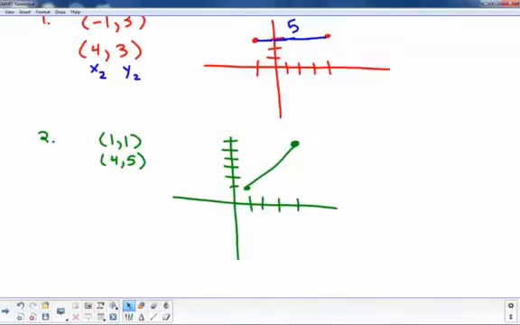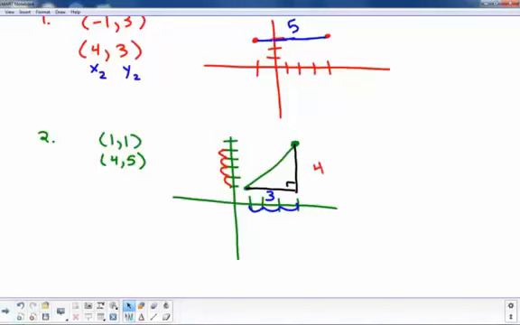In order to find the distance for a diagonal, we're going to drop our altitude, which is our height, and our base. So this is a 90-degree angle. This distance at the bottom is 1, 2, 3 spaces. This distance on the side is 1, 2, 3, 4 spaces.